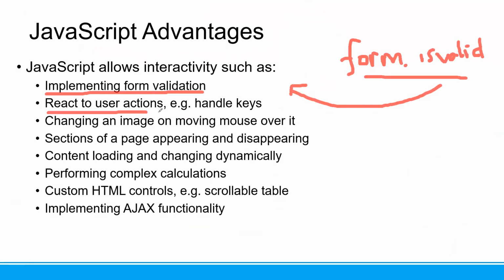And then it can react to user actions. Whenever you have a user interface and you click something, it can connect easily. And it can change an image when moving the mouse over it.